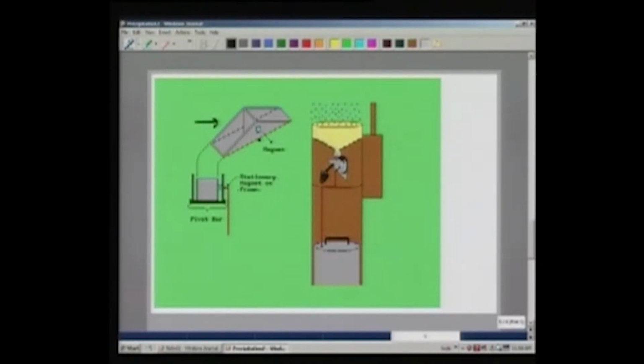And when it tips, there is a magnet here which will send a signal to some recording device, and we will know how much time it took to fill one side of the bucket, and we know how much rainfall has been collected in that time. So that way it records these tips which tell us what is the intensity of rainfall.